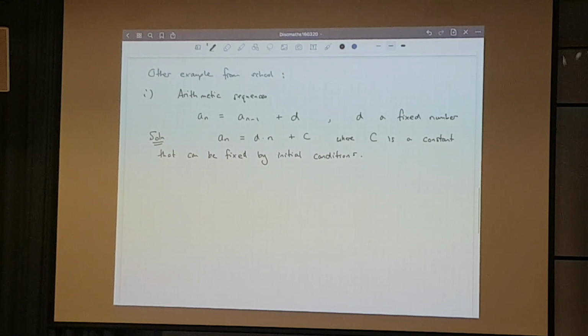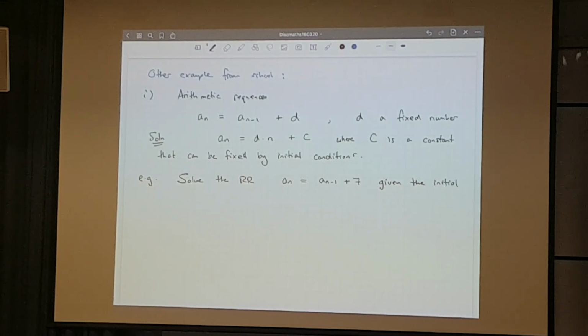E.g., solve the recurrence relation a_n is a_(n-1) plus 7, given the initial condition that a_1 is equal to 3. Okay?